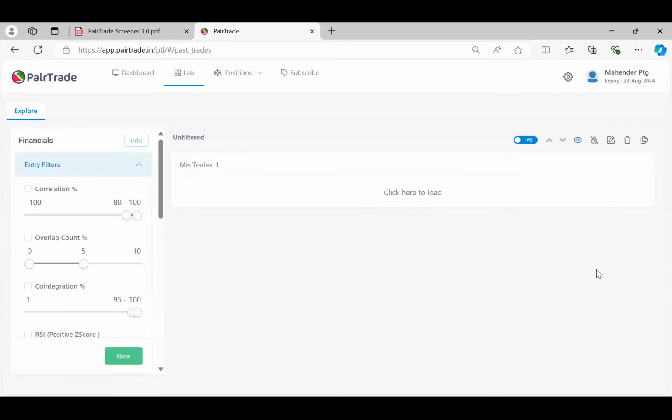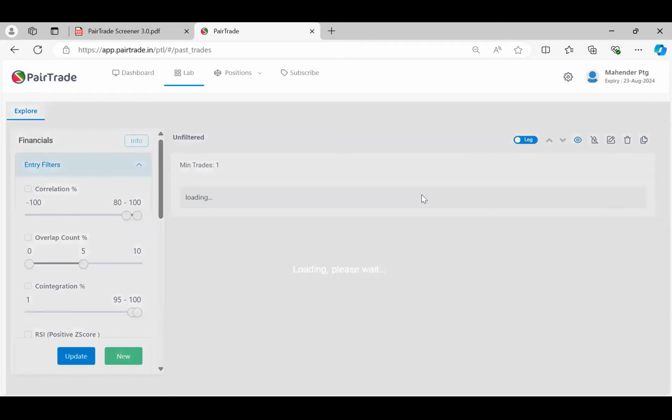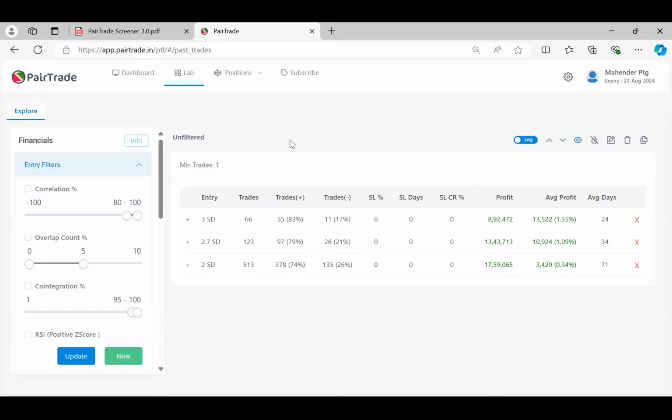Now when you create this, automatically one portfolio setting would be created, which is called unfiltered. If you are not applying any filters, that means whenever a trade comes and you take the trade, this is how the performance would be. For example, we have selected 3 years.